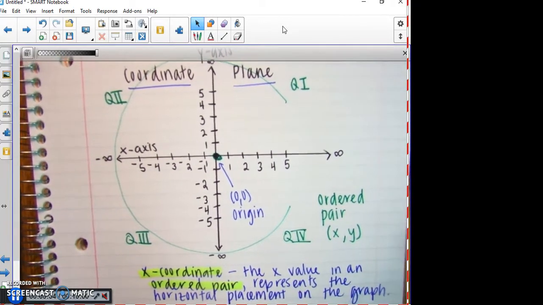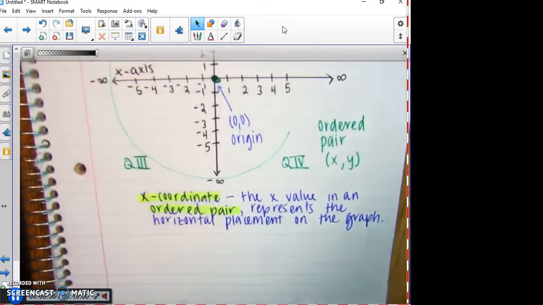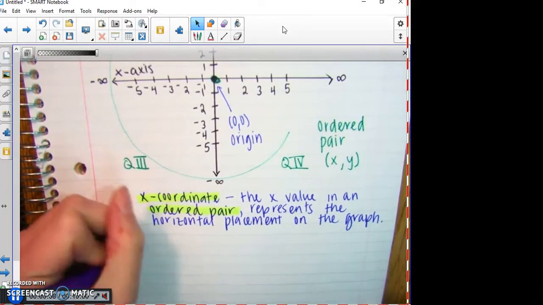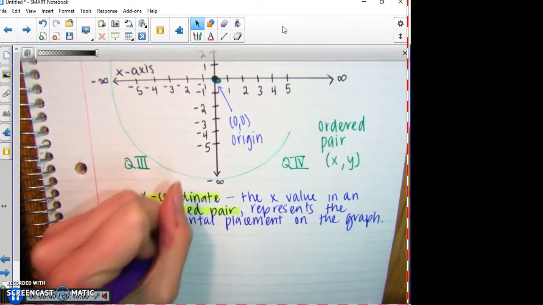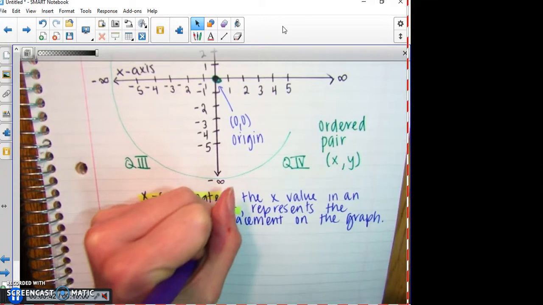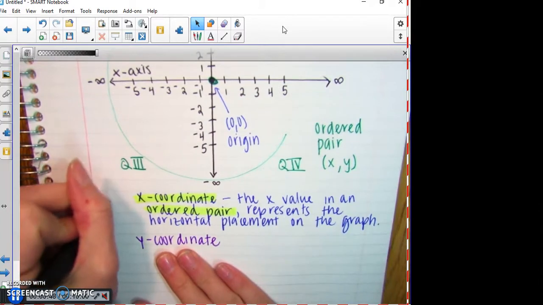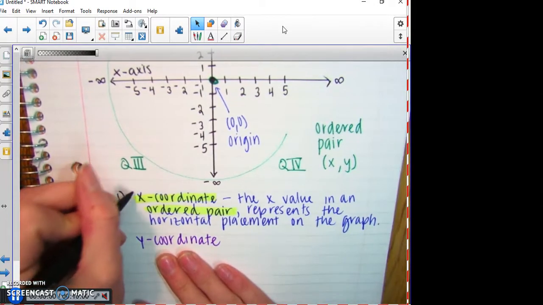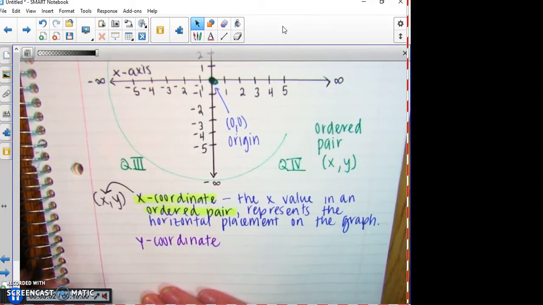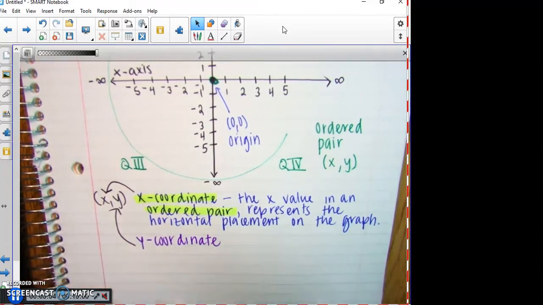We could write a similar definition now for y-coordinate. If we're looking at an ordered pair, like x and y, here's the x-coordinate, and here is the y-coordinate.